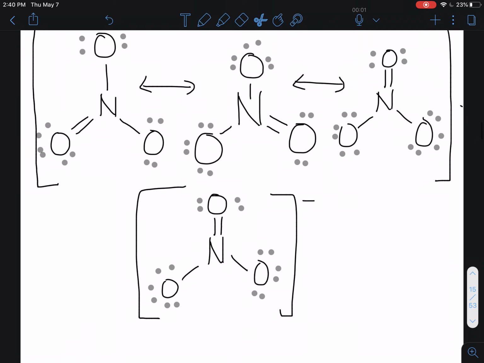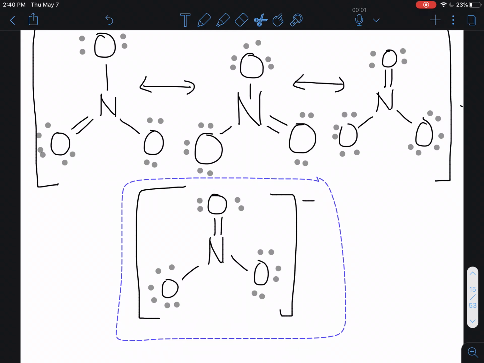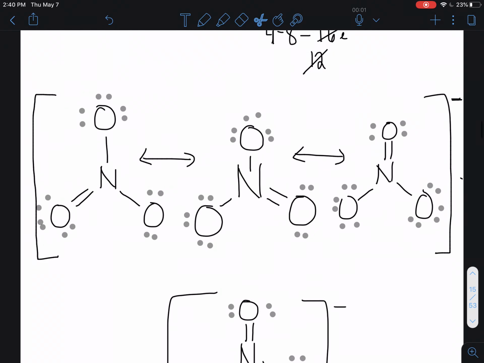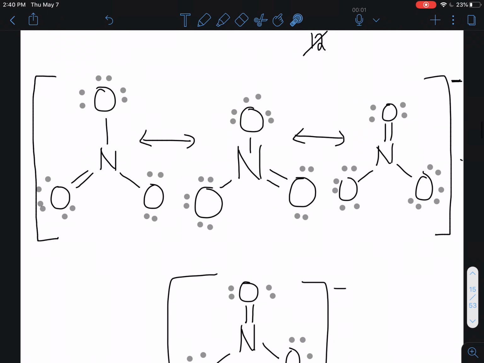So that's how you would do it. Again, we'll do more practice with resonance, but resonance structures are Lewis structures where there's more than one place a double bond can go and have it be equivalent.